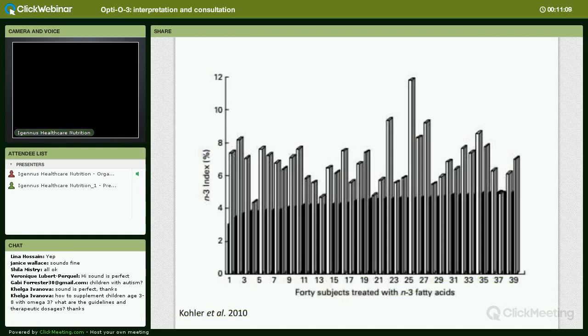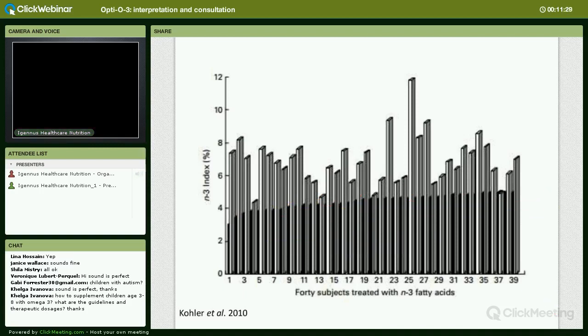And this is a little graph I've put in from a study published in 2010 to help clarify this. It was 40 individuals with an omega-3 index of less than 5%. The dark line here is the starting baseline levels.